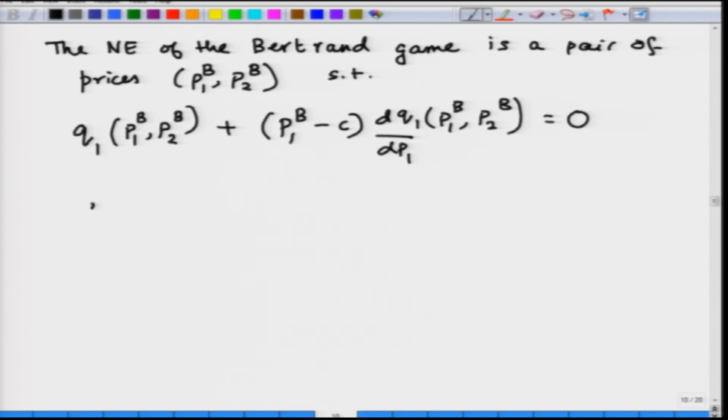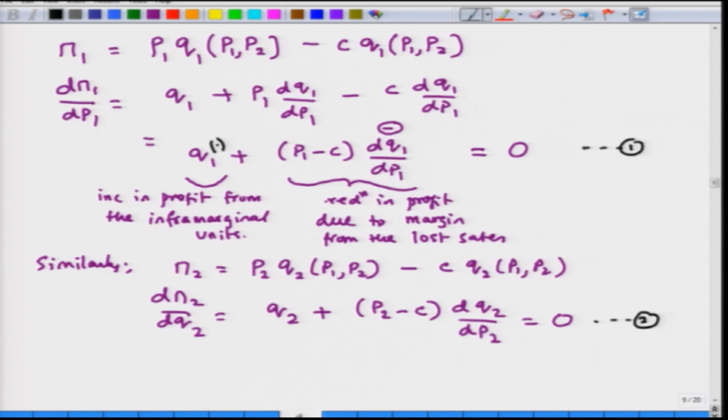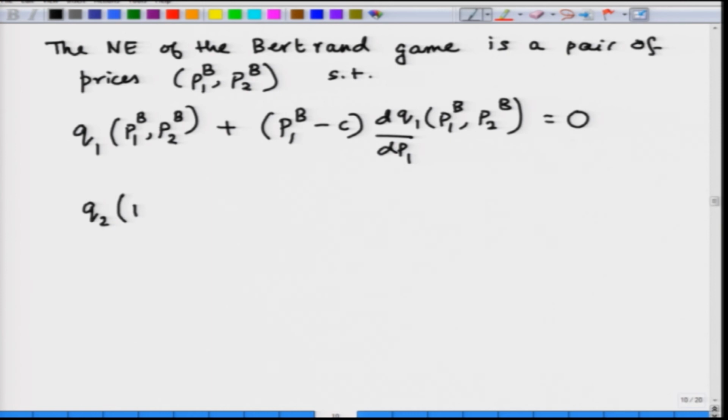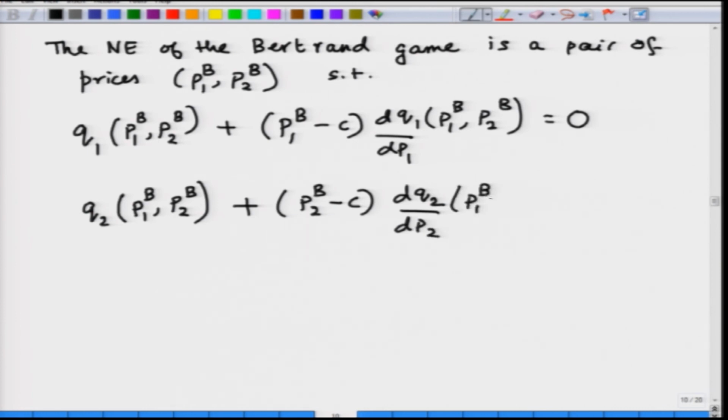And similarly from equation 2, I am going to have Q2 as a function of P1B, P2B plus (P2B minus C) dQ2/dP2, evaluated at P1B, P2B, equal to 0. So, my Nash equilibrium prices P1B and P2B simultaneously solve these two first order conditions 1 and 2.